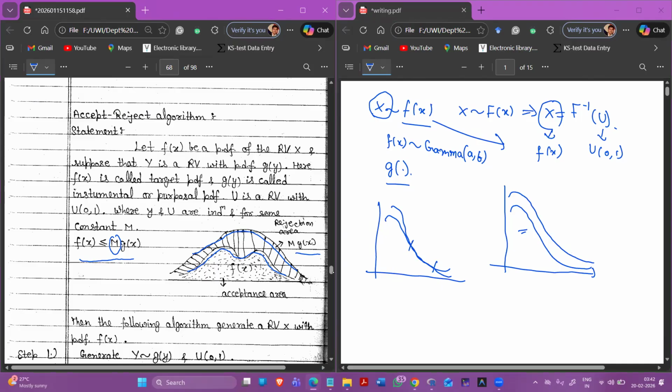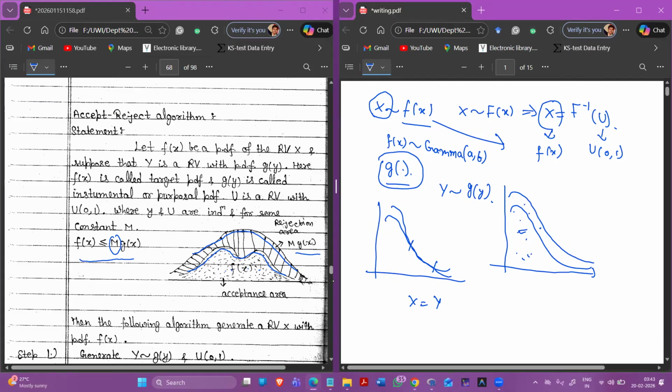Basically what this graph shows is that whatever samples I generate from Y, the observation generated from g, I put Y equal to X if it lies in this area, under this curve.